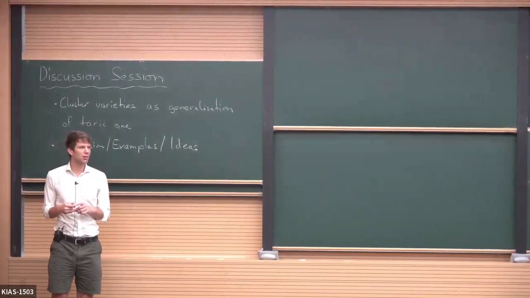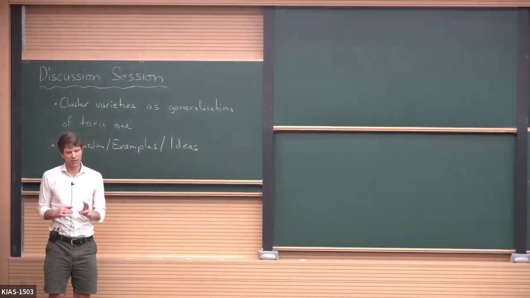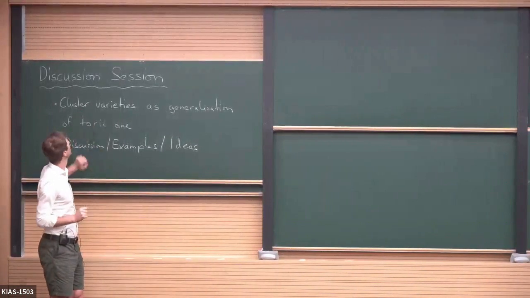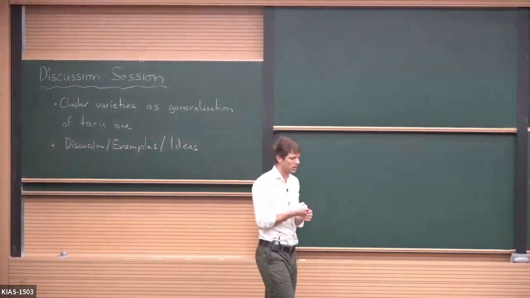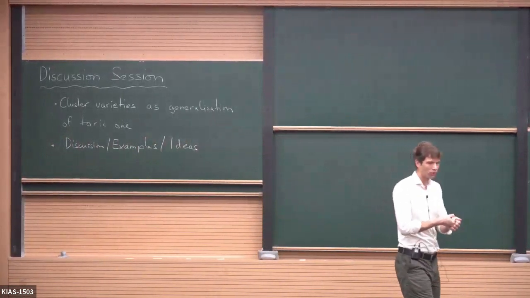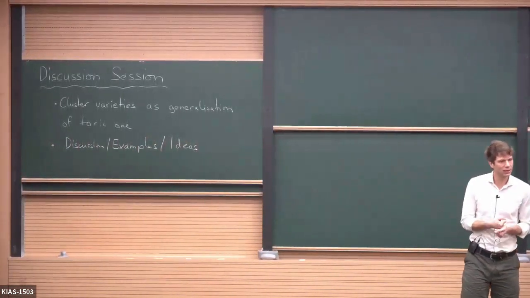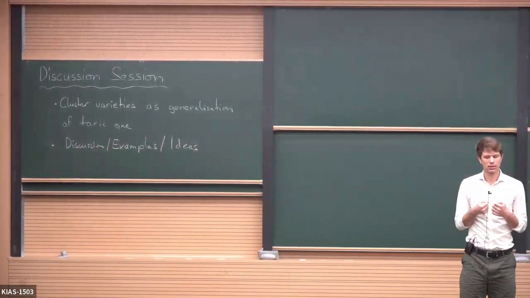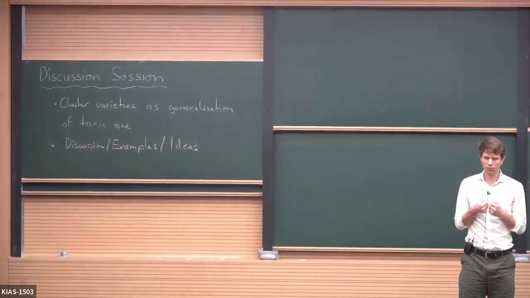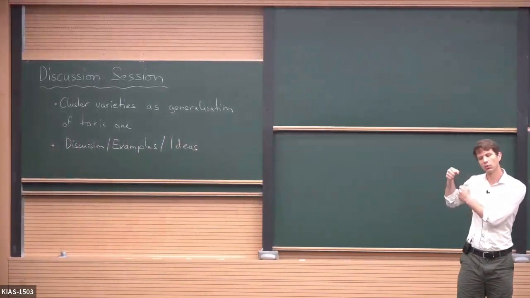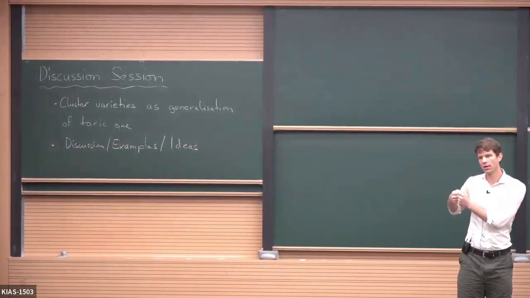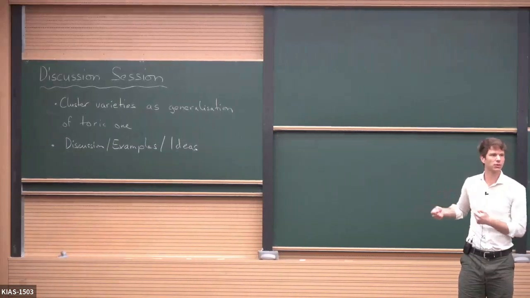So maybe during the discussion session, we'll start by talking about cluster varieties as a generalization of toric varieties. And it is from the point of view of what I will say in the second half of today that will hopefully be a very natural generalization.